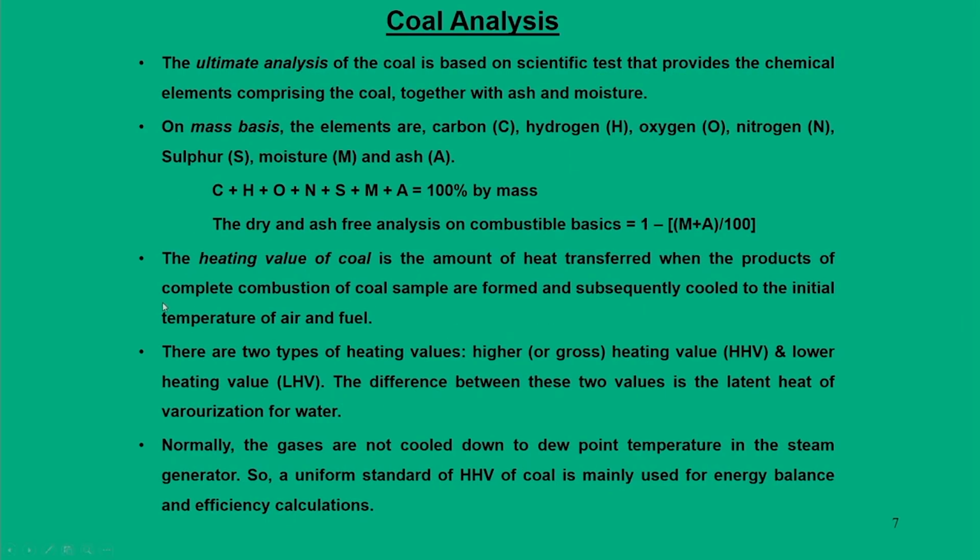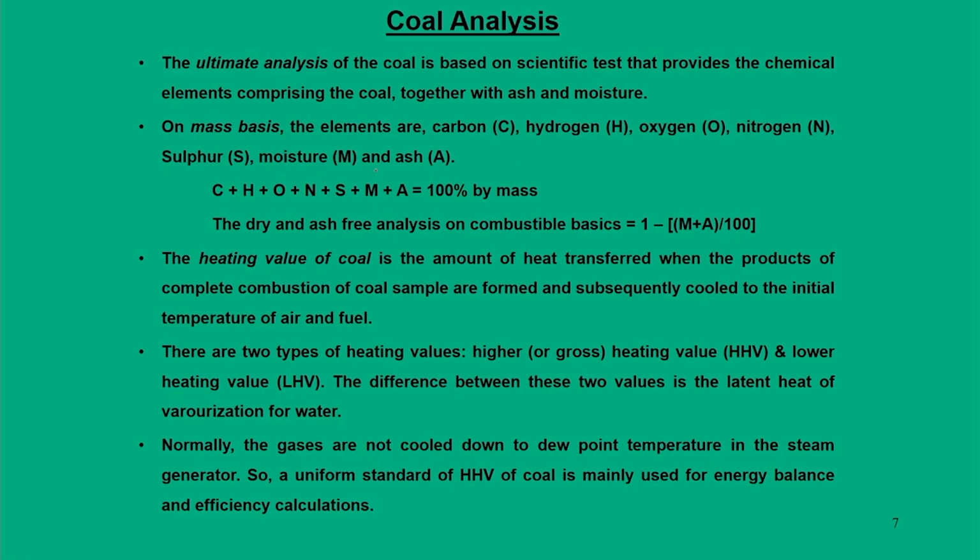Now, the next category of coal analysis is the ultimate analysis. It is based on scientific tests that provide the chemical elements that comprise coal together with ash and moisture. On a mass basis, the elements are obtained as carbon, hydrogen, oxygen, nitrogen, sulfur, moisture, and ash.